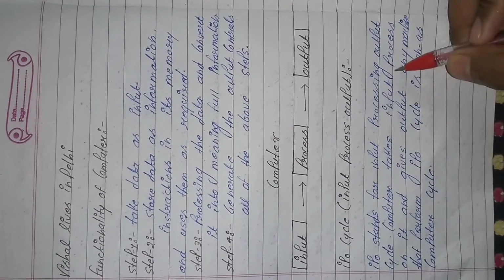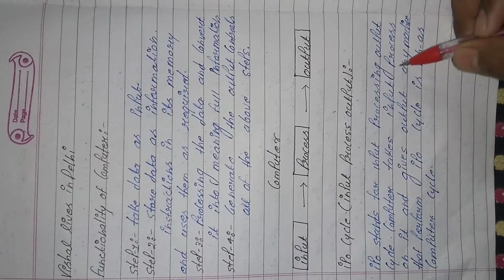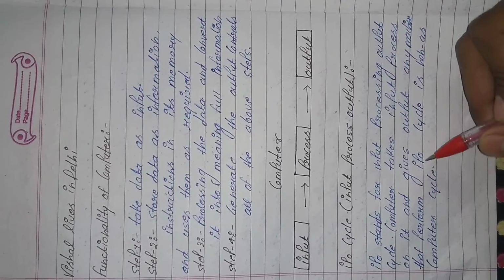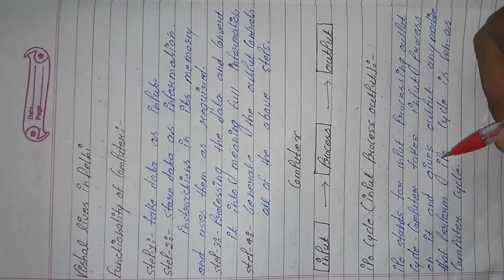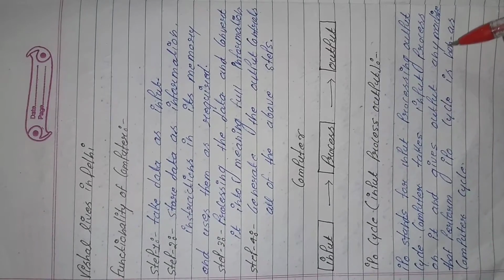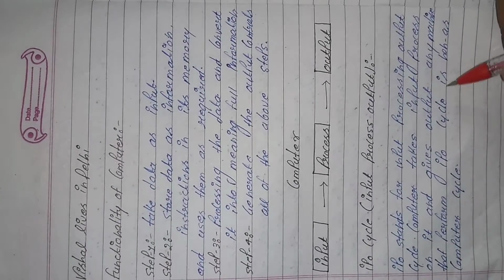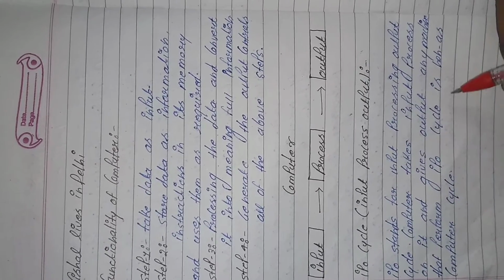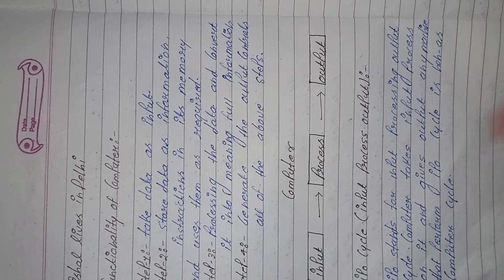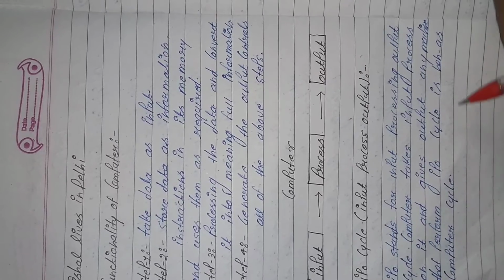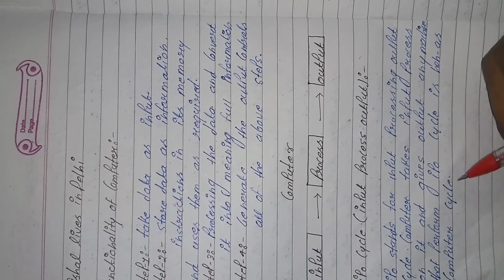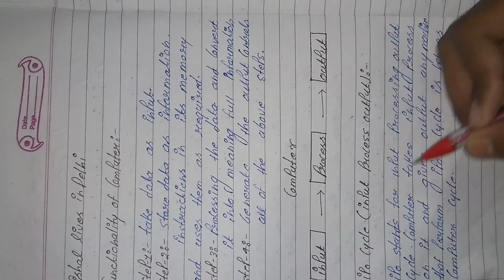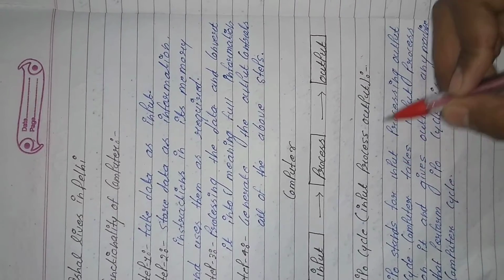A computer takes input, processes on it, and gives output. Any machine that performs the IPO cycle is known as a computer. IPO full form: input, process, output.